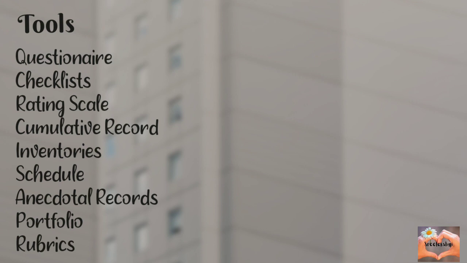Then the next is portfolio. A portfolio is all about the collection of creative tasks and ideas of a student, and there are different types of portfolios, like showcase portfolio, process portfolios, evaluation portfolios, online or e-portfolios.